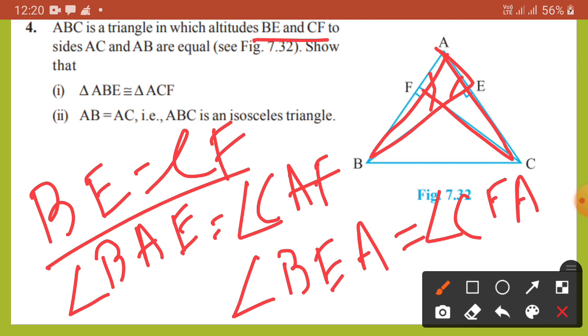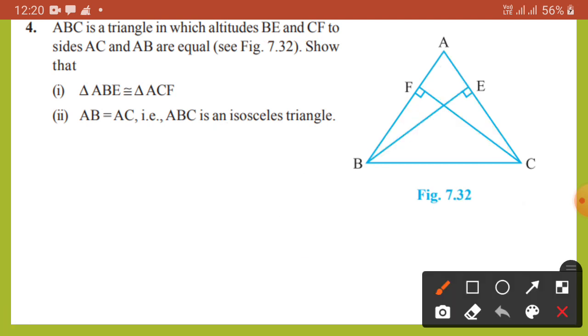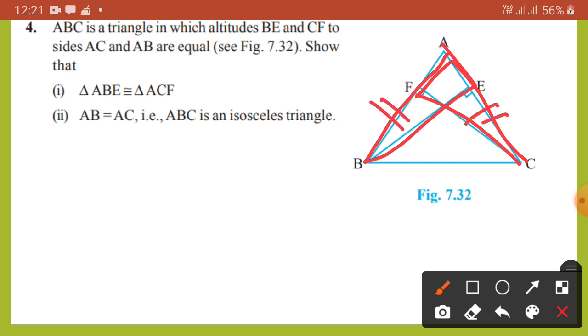So you can say easily that triangle ABE is congruent to triangle ACF by the AAS congruence rule. So also by using CPCT we can say that AB is equal to AC here. So ABC is an isosceles triangle here.